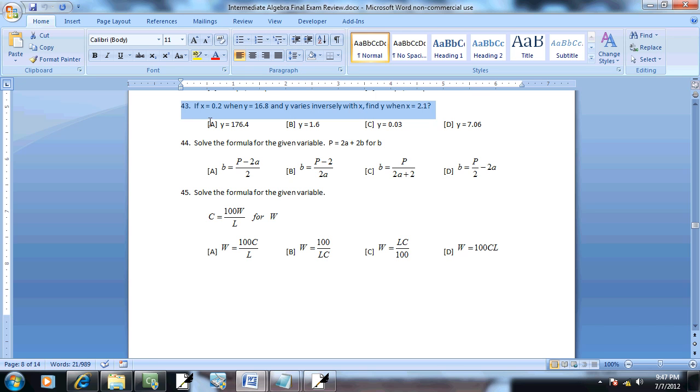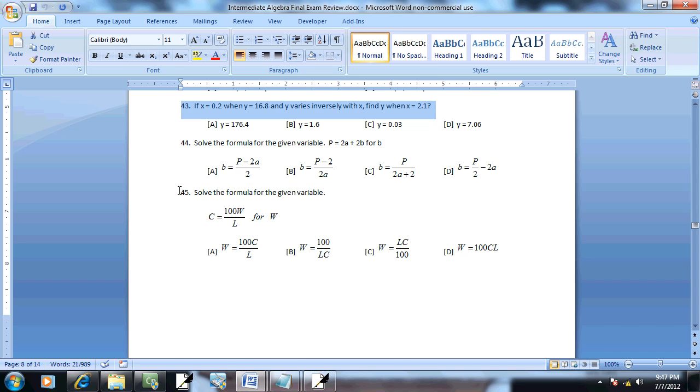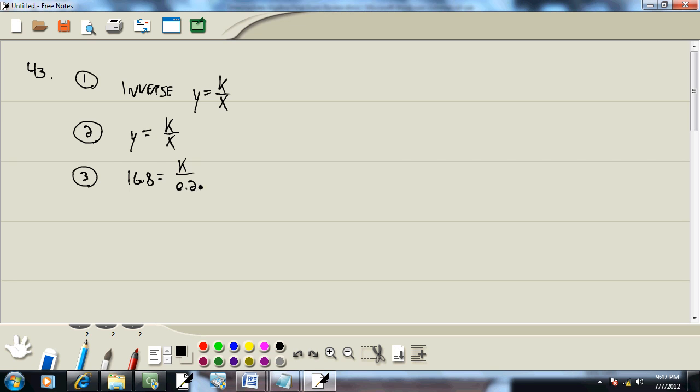Step 3, look for your one example. If x equals 0.2 and y is equal to 16.8, so y is 16.8 and x is 0.2. Then we want to solve for k. So I'll multiply both sides by 0.2.